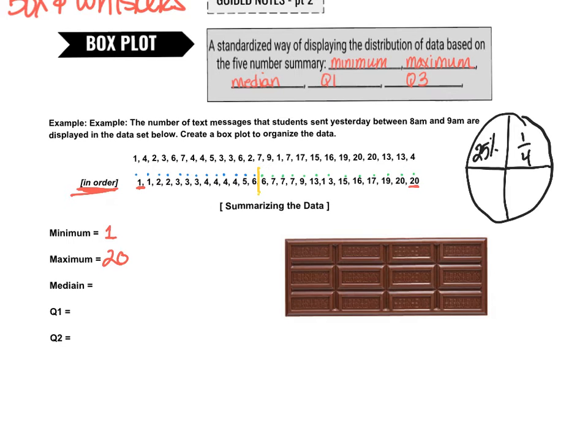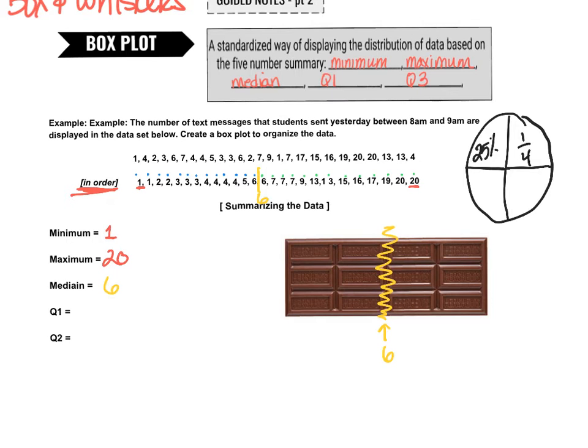So 6 is actually my median. So that's essentially breaking this data in half. And so when I break it in half, this candy bar, that division point is 6.